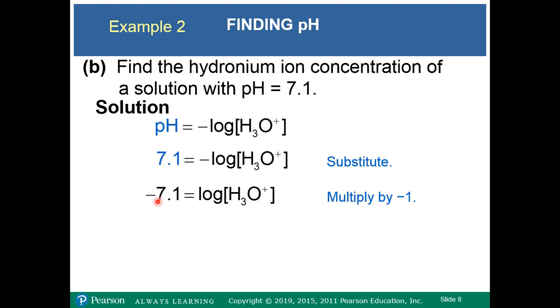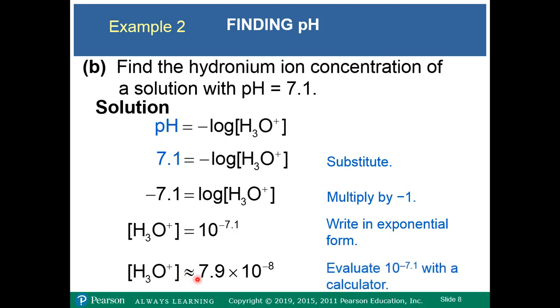Well, now we're going to raise both sides as a power of 10, because we're going to use the property that when we go 10 to the log base 10, it's going to cancel out, and we're going to get the argument out. And so we get the concentration of hydronium ions is equal to 10 to the negative 7.1 power. And of course, we can approximate that as 7.9 times 10 to the negative 8.